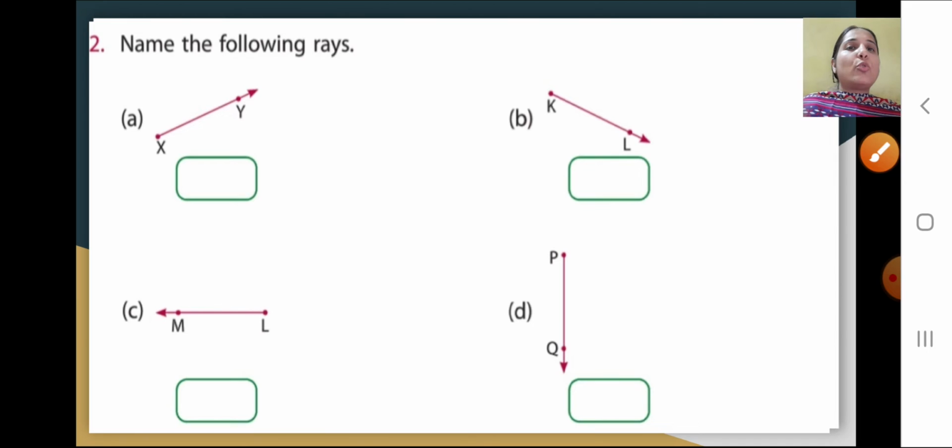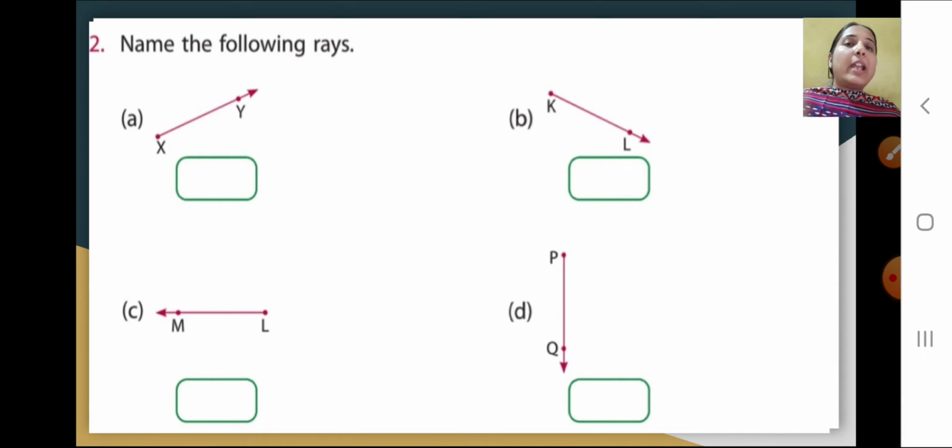So question number 2 is name the following rays. Here you can see different types of rays. You have to name them. So question number A is, here you can see the ray XY. So how to name it? If you remember, we have already discussed how to name a ray.